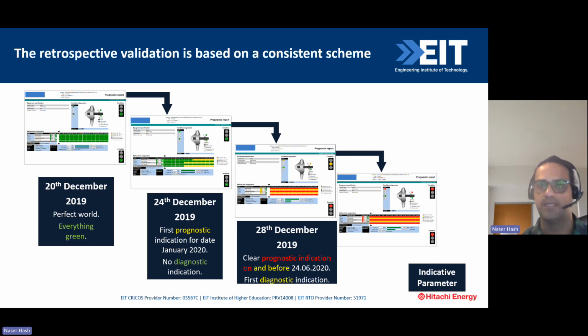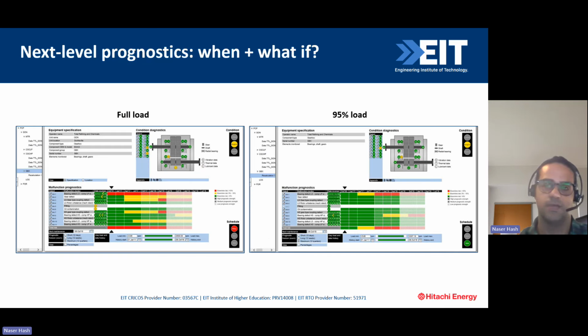So you can see that with this model, analyzing the data and putting the data into the model, we could find out where the problem is going to happen. That's a good achievement, because the asset owners could find out when it's going to happen and make themselves ready for that.